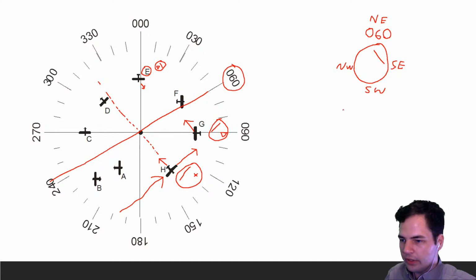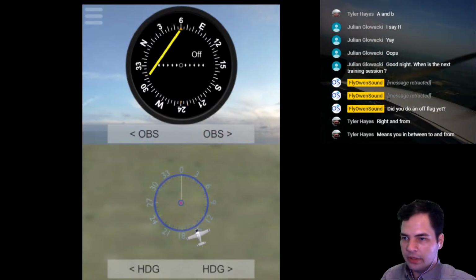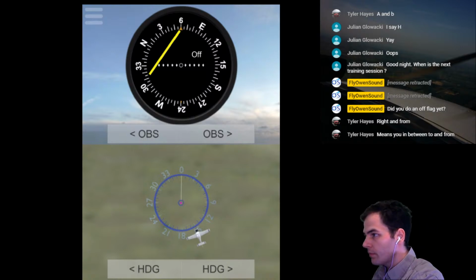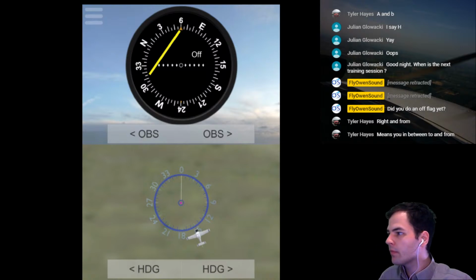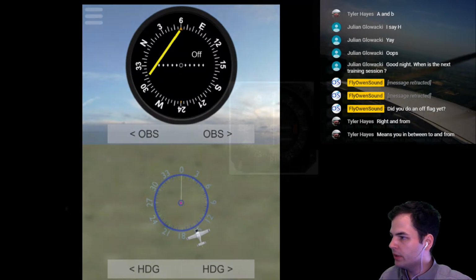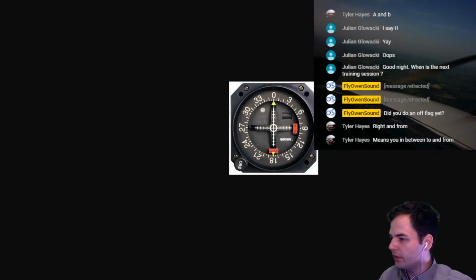A lot of the indicators, let me see if I can find a good picture of what I'm talking about. They actually have like a roller in them. There's one. So this Garmin indicator here.